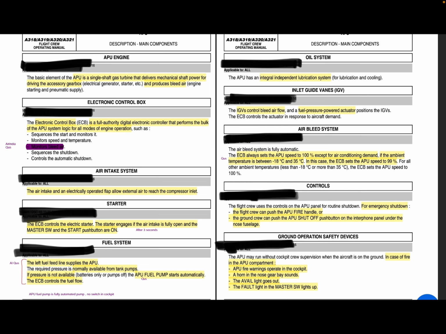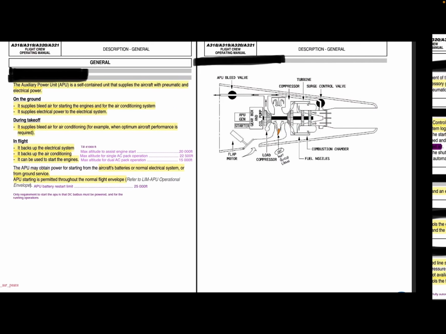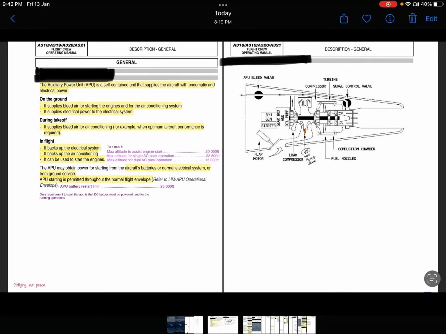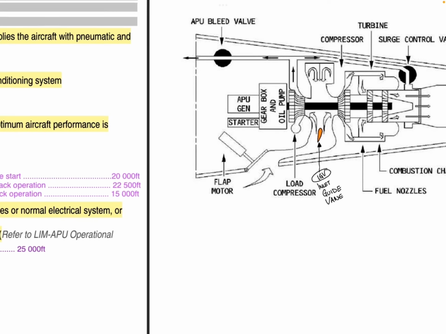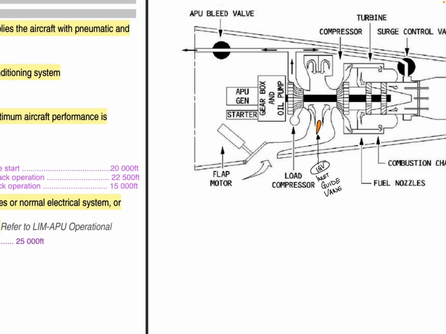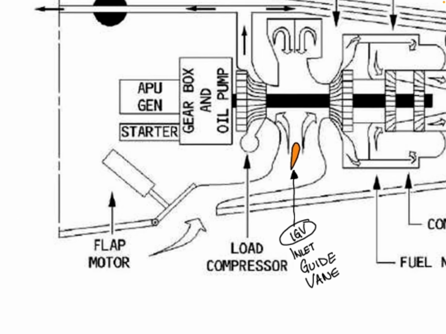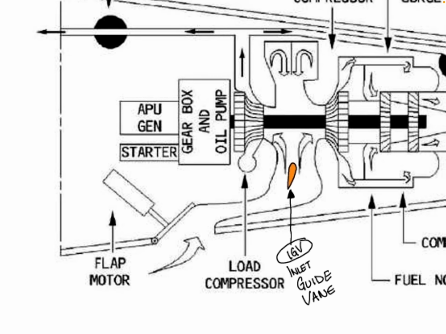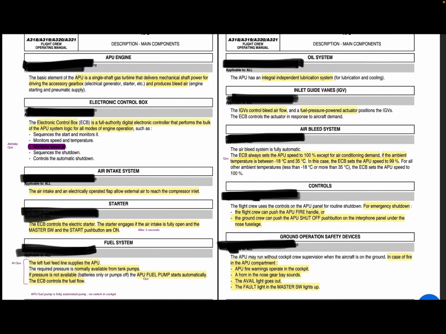IGV controls the airflow, bleed airflow to the compressor, right? And fuel pressure powered actuators control the position of IGVs. So where are these? These are IGVs, and they control the bleed airflow to the compressor, right? It's very much clear by this diagram, right?